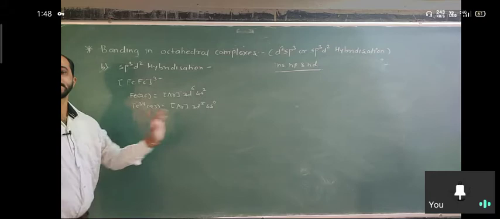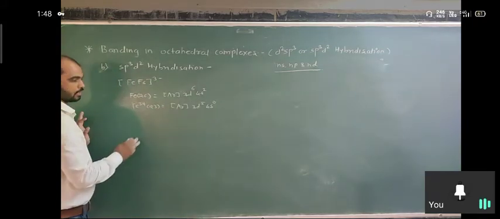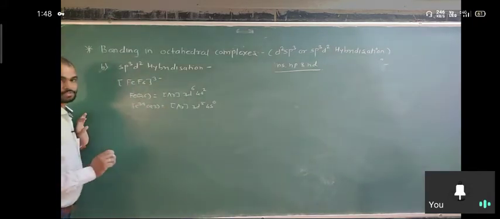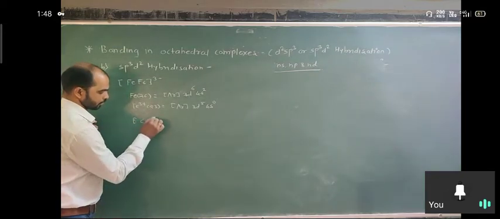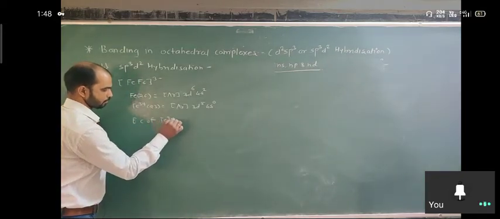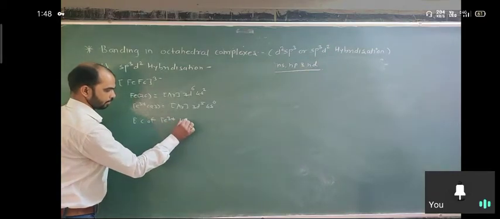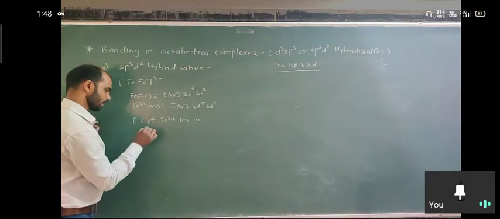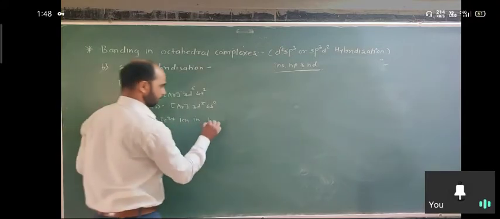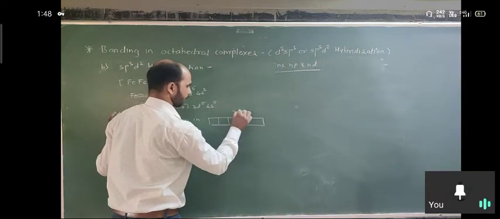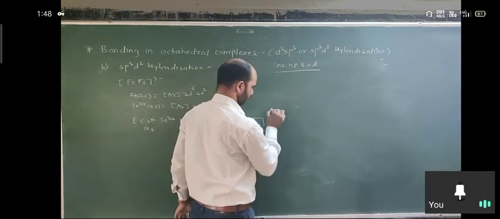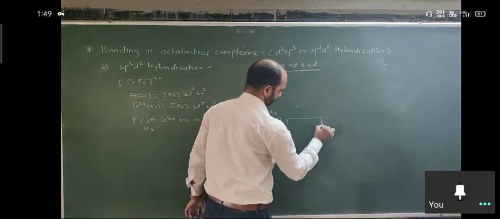When we draw the orbital representation, the electronic configuration of Fe3+ ion in ground state, here is 3d, then 4s and then 4p.